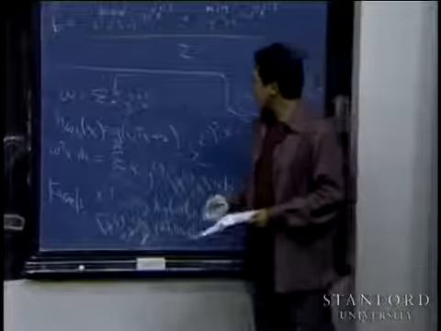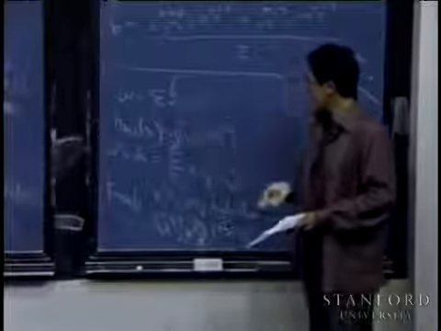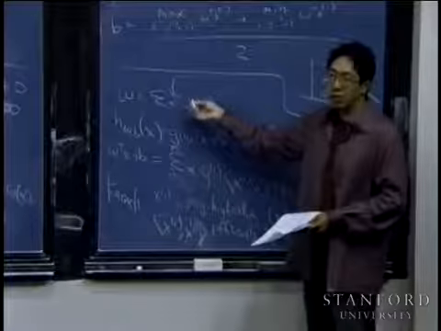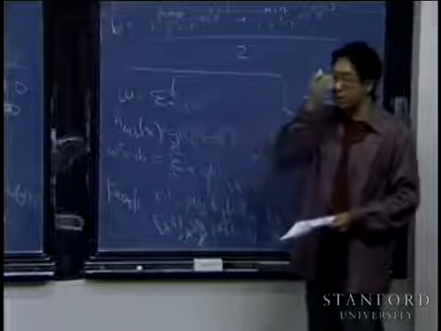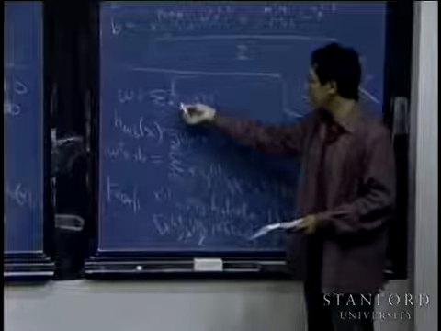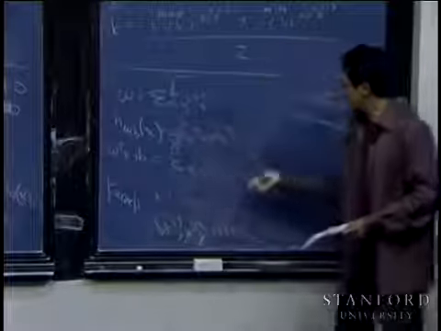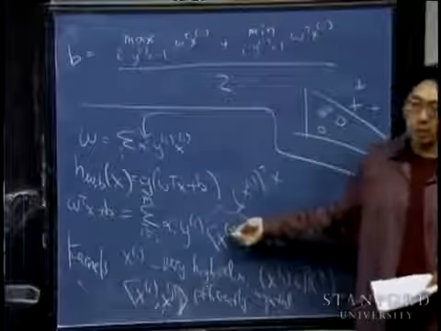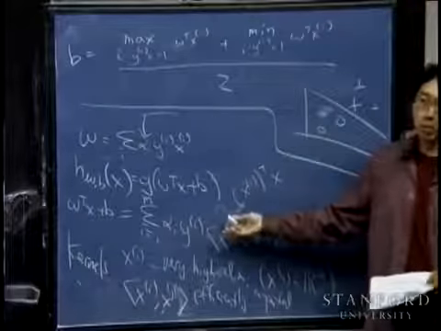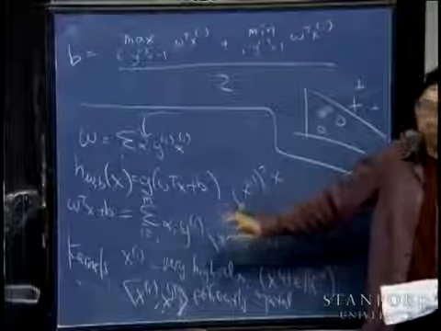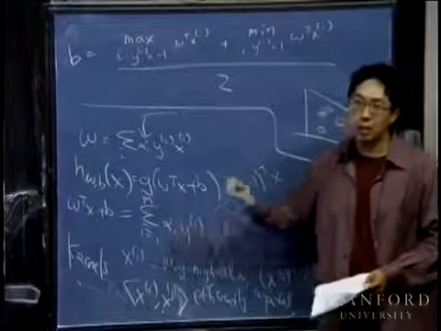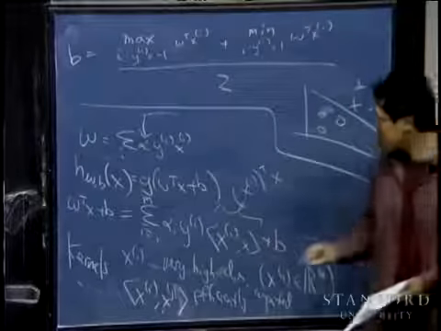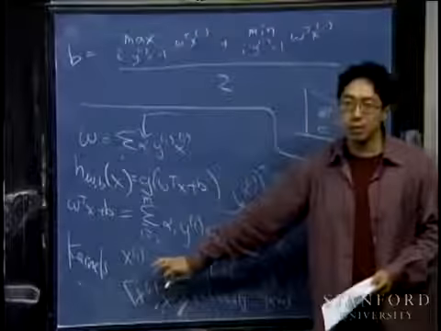So if you represent W this way, W will be represented by a fairly small fraction of your training examples, because most of the alpha i's will be 0. When summing up, you need to compute inner products only with the support vectors, which is usually a reasonably small fraction of your training set. That's another nice property. Much of this will make more sense when we talk about kernels.